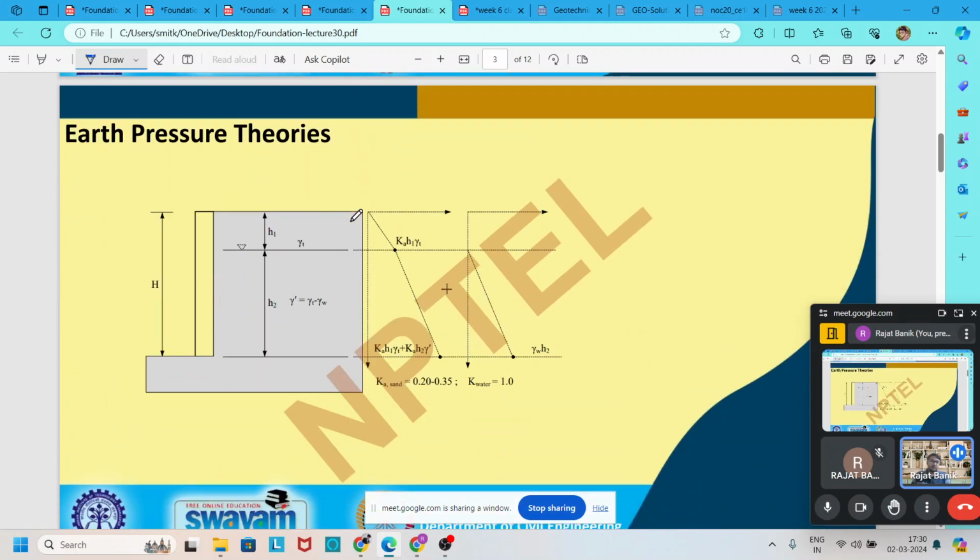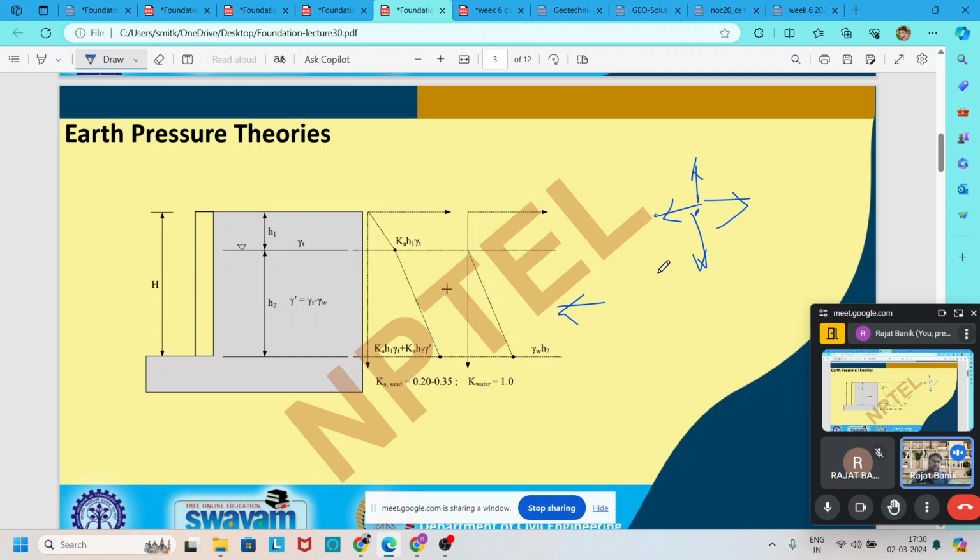But if the water is present in our case, then the active earth pressure thrust is adapted with the water. That means we know that in Pascal's law, water exerts pressure in all directions. Same pressure is exerted in all directions. So active earth pressure thrust is nothing but the horizontal earth pressure.